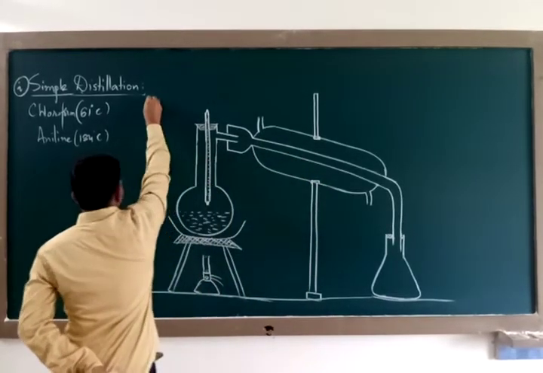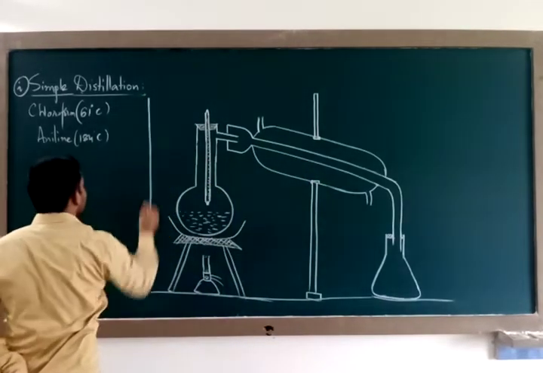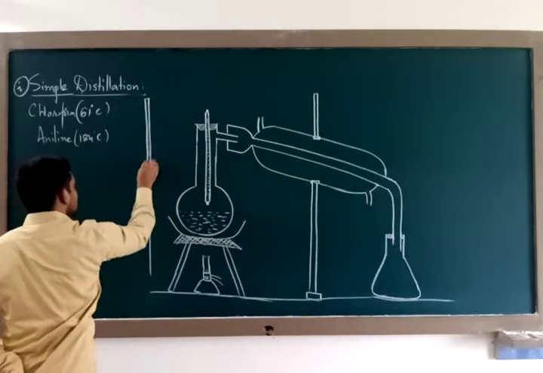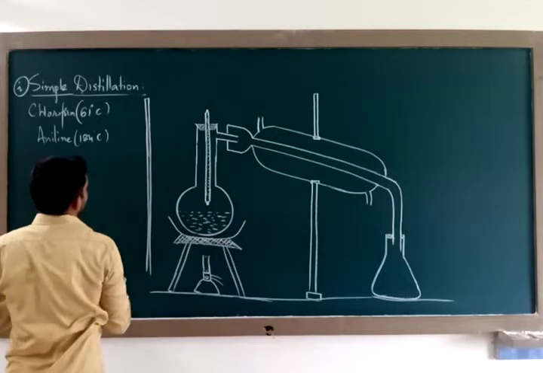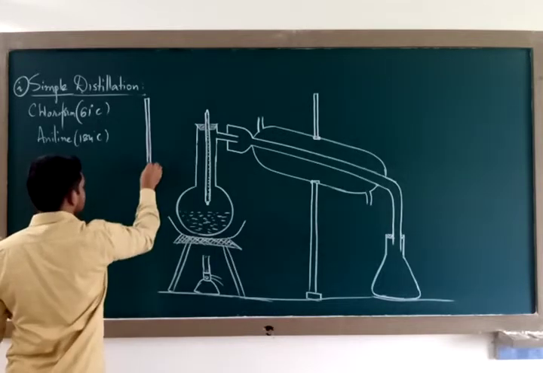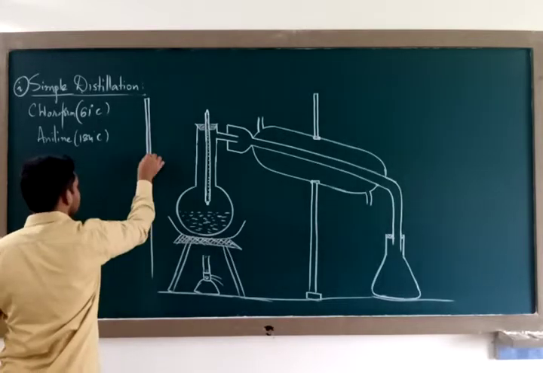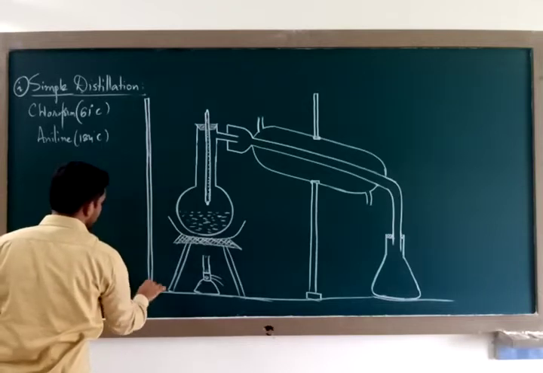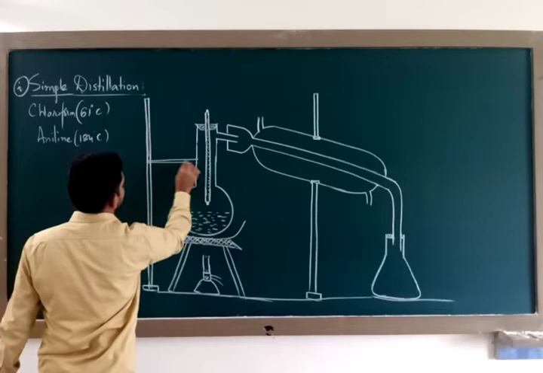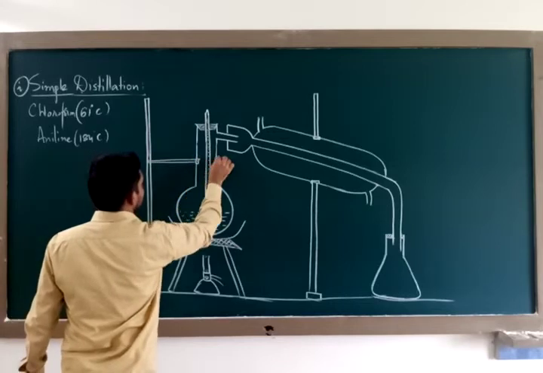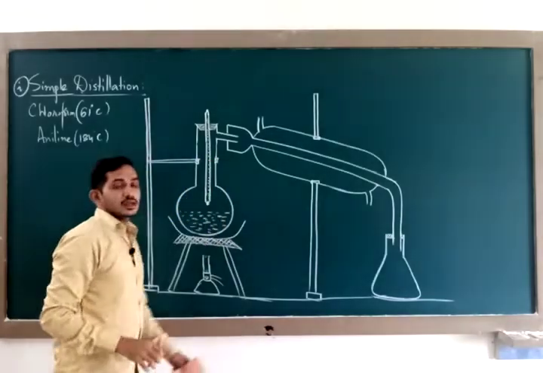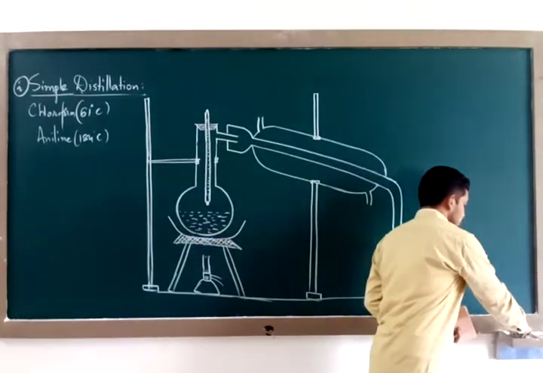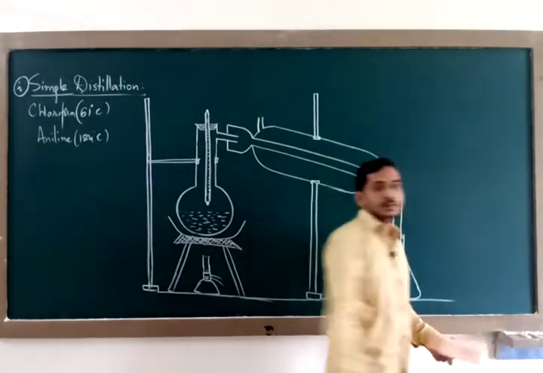Similarly, you need a stand for support in supporting the round bottom flask also. Whenever these questions appear in the exam and diagrams are compulsory, you need to label them also. Labeling is also compulsory.